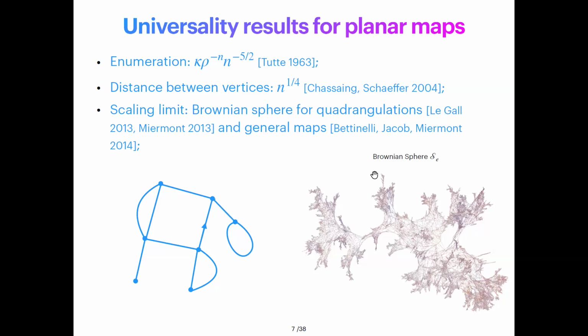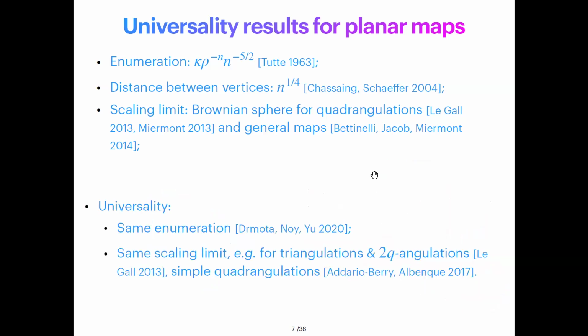And what's even more interesting is that these results are true not only for the class of general maps, but for a lot of natural classes of maps. So we have the same formula for enumeration. The constants kappa and rho are not the same, but we have the same shape, and there is the same scaling limit.